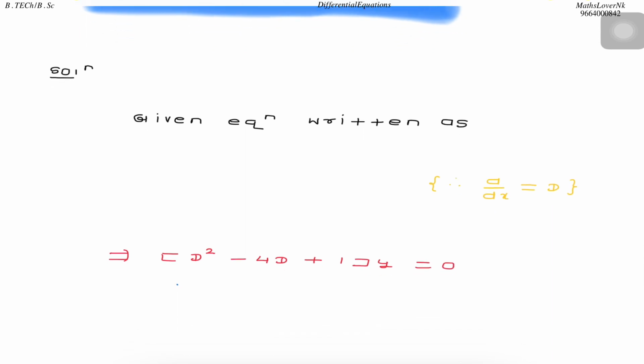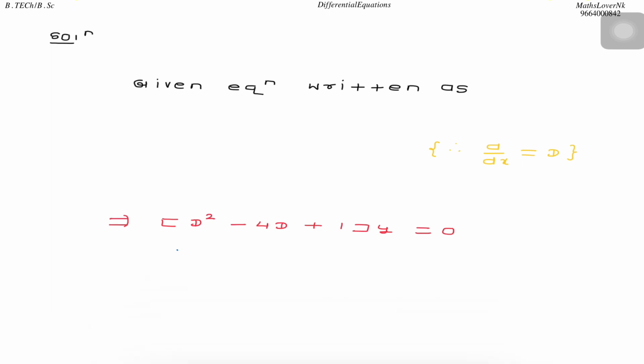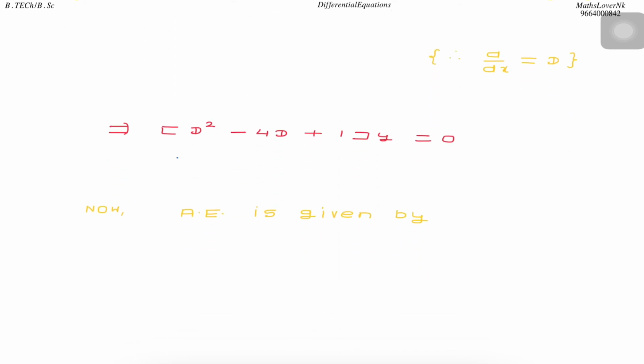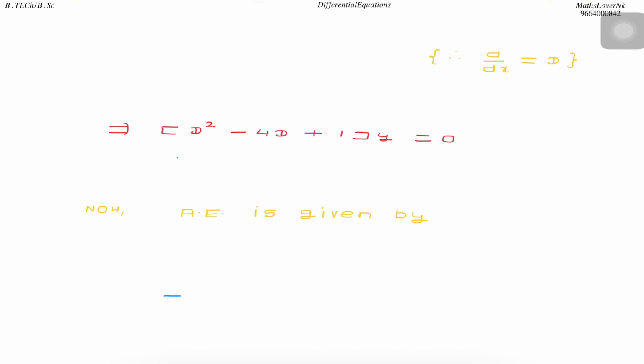Now the auxiliary equation, in short form written as AE, is given by: we put capital D equal to m, then we get m square minus 4m plus 1 is equal to 0.